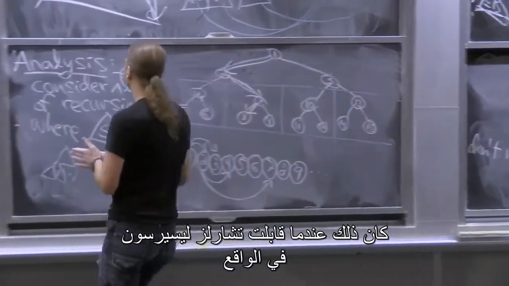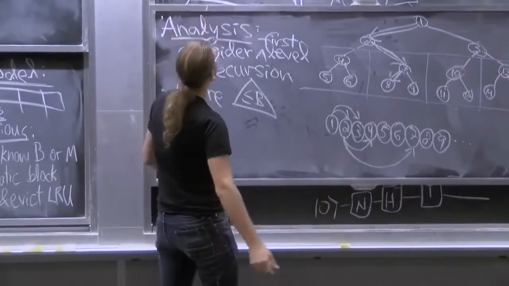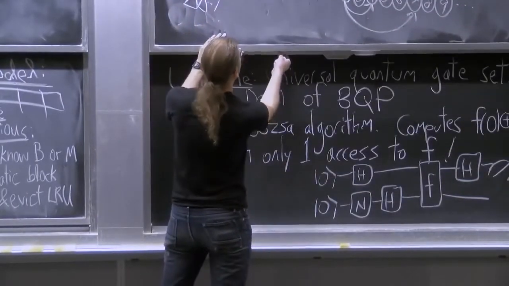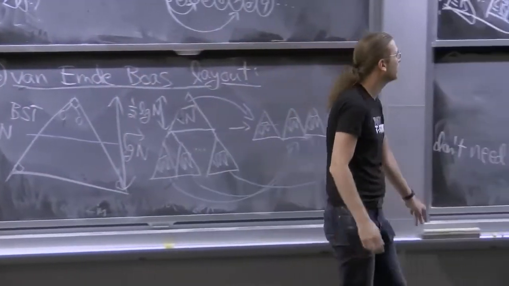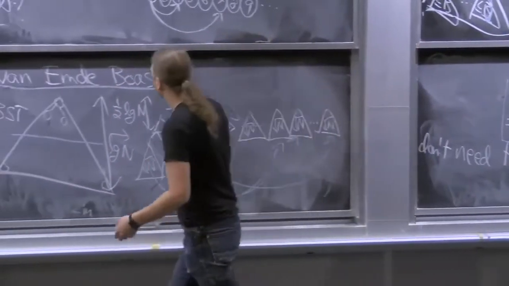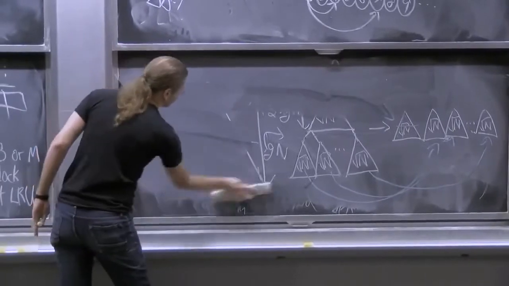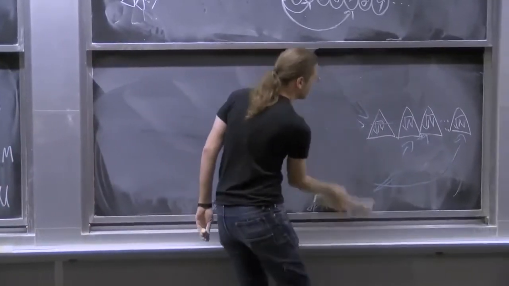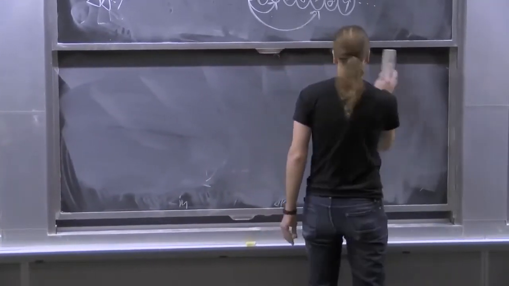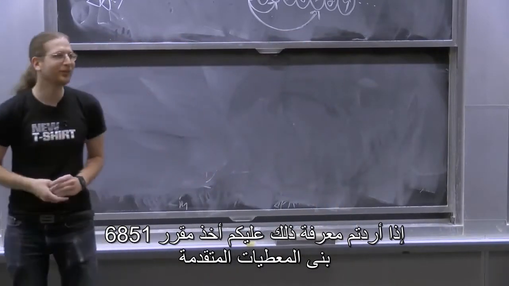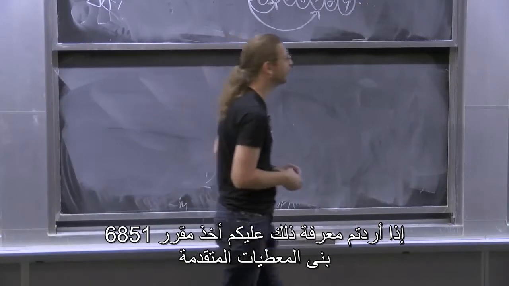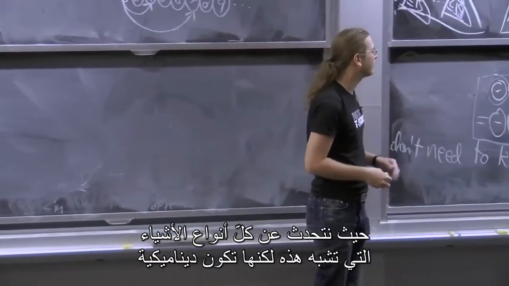It's when I met Charles Leiserson, actually. But I'm not going to cover it. If you want to know how, you should take 6.851 Advanced Data Structures, which talks about all sorts of things like this, but dynamic.